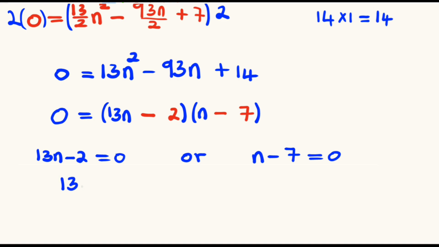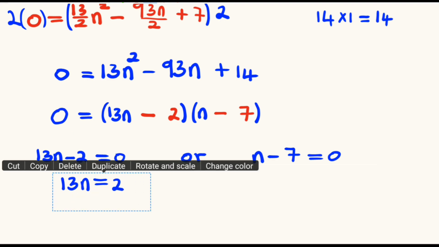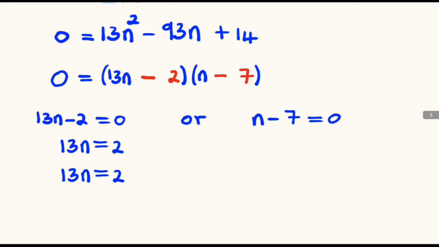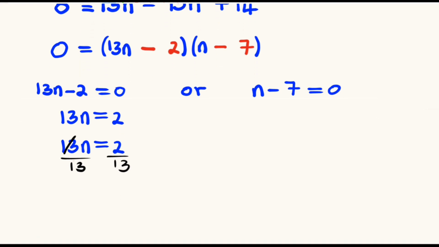We have 13n is equal to 2. Solving for n, we divide both sides of the equation by 13. 13 divided by 13 is equal to 1, so our n will be equal to 2 divided by 13.